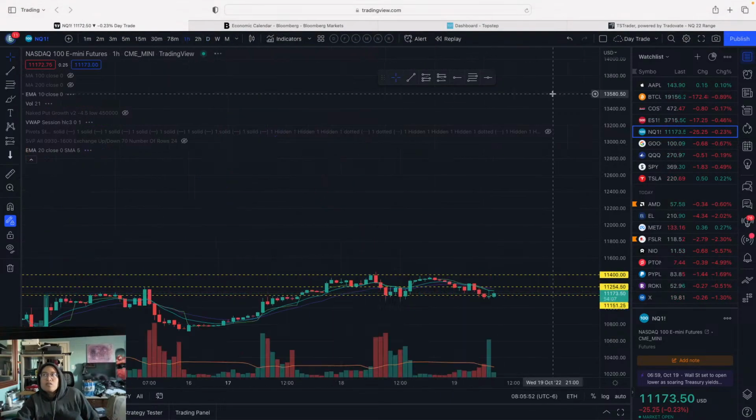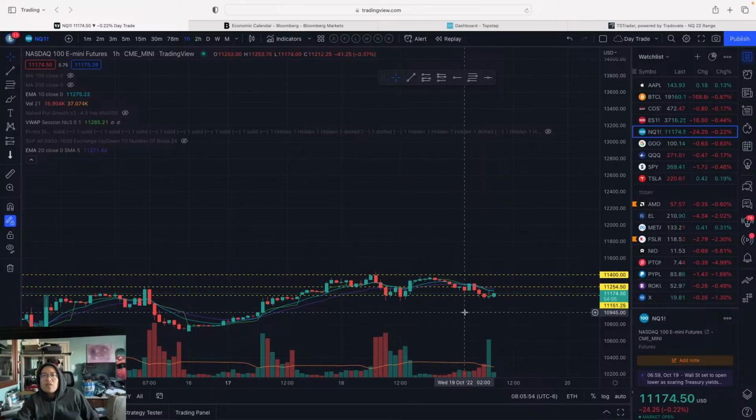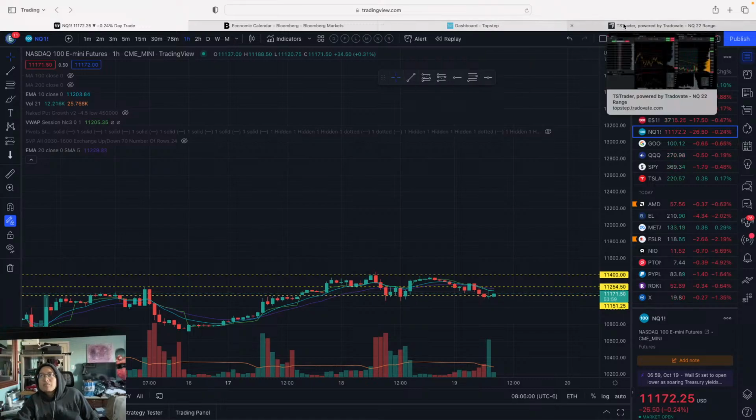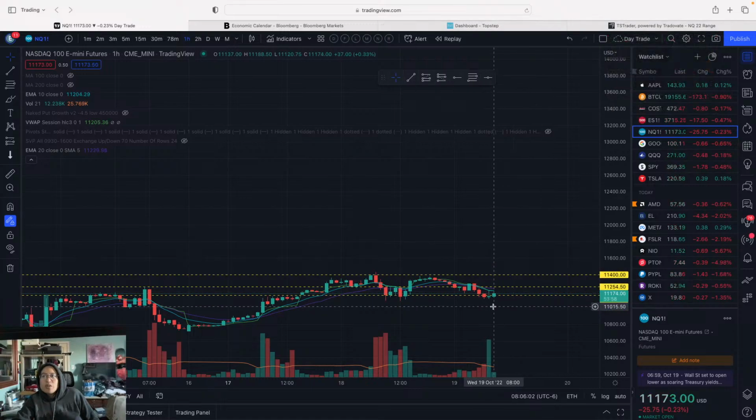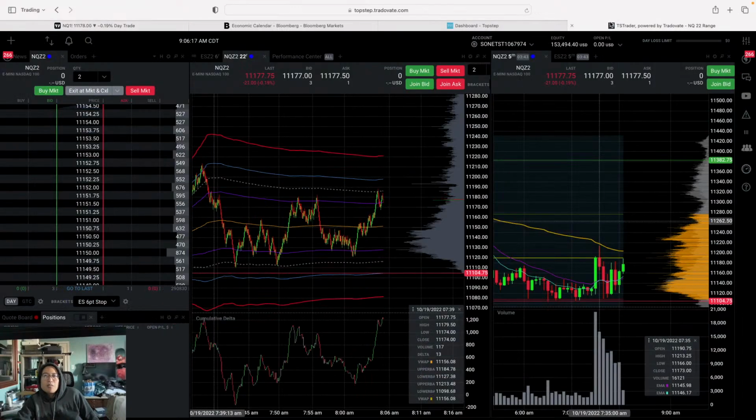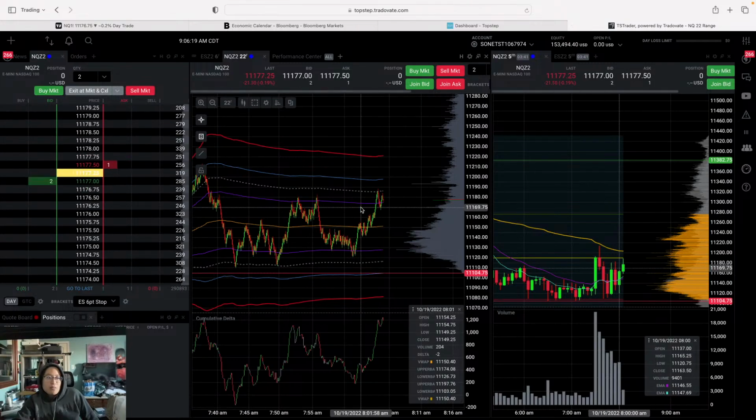All right, so in the 1-hour, it really just looks like we're chopping around in between these two spots, so we'll keep that in mind. Now, if we drop below essentially that 1100, I do feel like we would maybe make a longer trip down. I could be wrong, but that's just something I'm going to keep in mind.